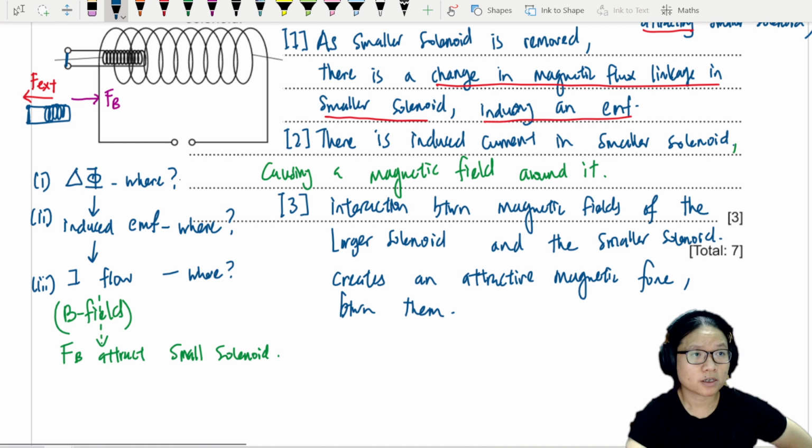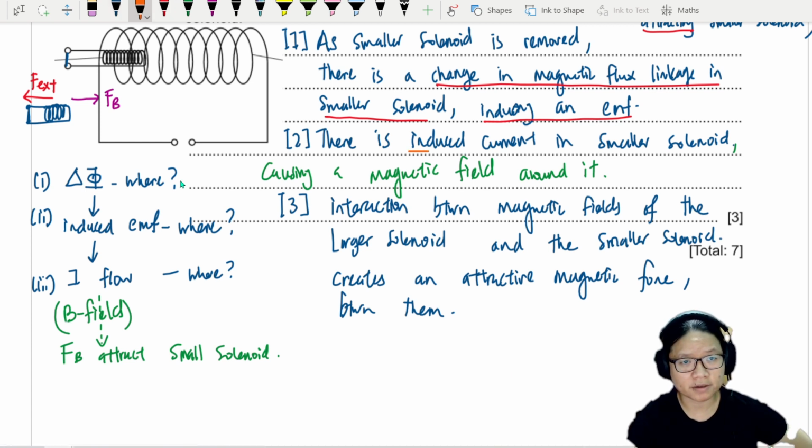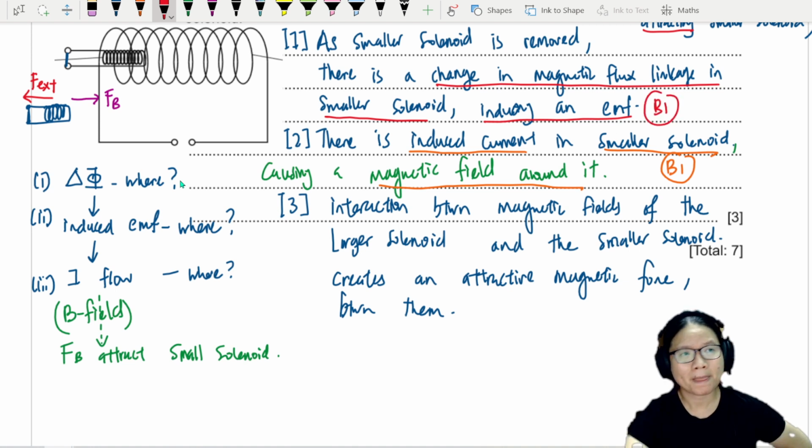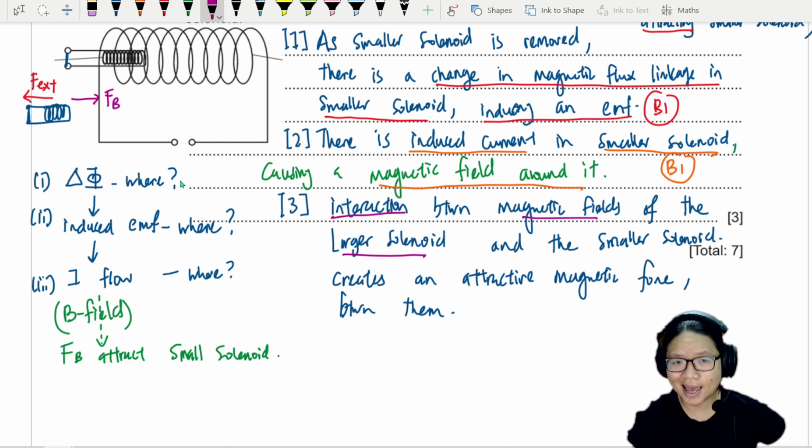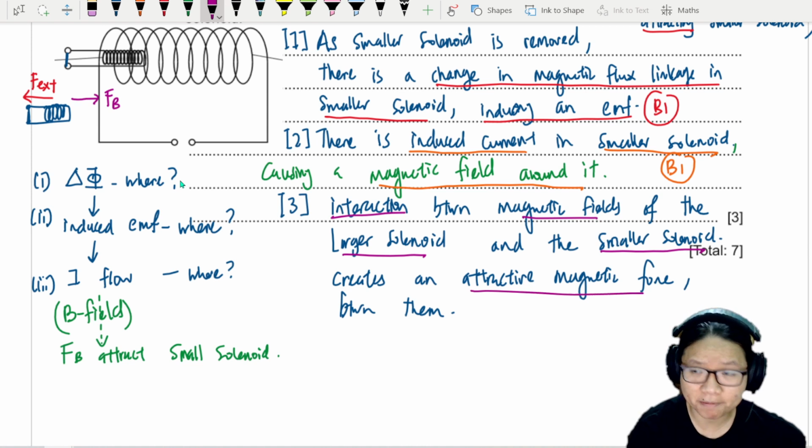All right, so the second mark is when you say there is induced current in the smaller solenoid and then there is a magnetic field around it. This one is P1, this one is P1. Okay, and very important, interaction between the two magnetic fields of the larger solenoid and the smaller solenoid causes an attractive magnetic force.